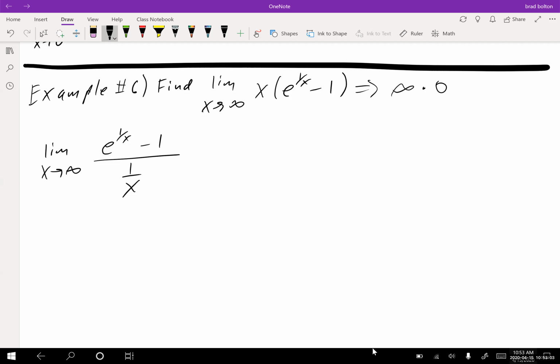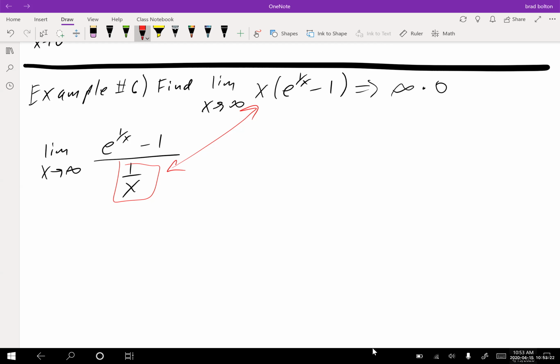I'm going to do a little trick with algebra. Remember, dividing by 1 over x is the same as multiplying by the reciprocal. Putting this in the denominator makes it the same as that, so we actually haven't done anything to the problem.